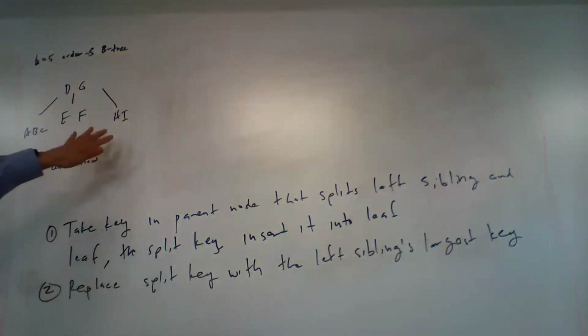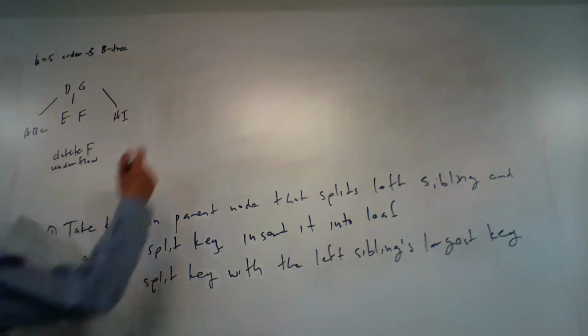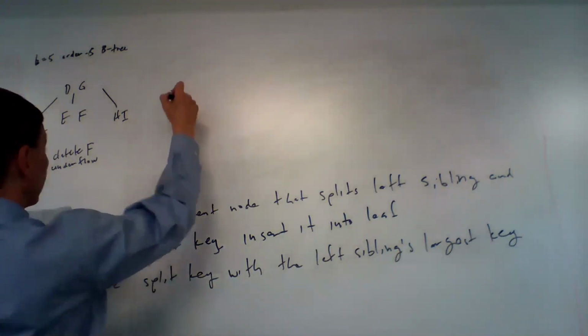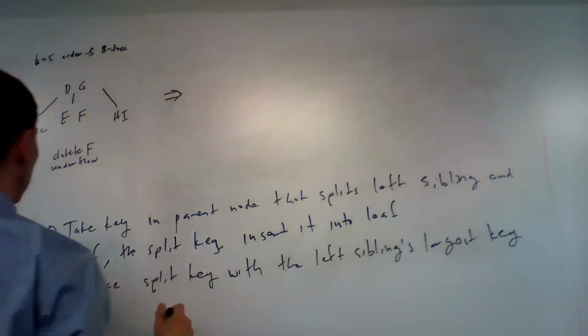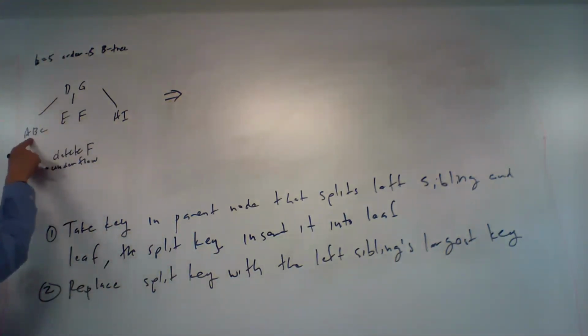So we look left, we look right, we ask, do either of our siblings have more keys than they need? And indeed, the left sibling has 3 keys, but it only needs 2. So we can borrow from the left sibling. So the first thing we do is we find the split key, which is D, because D is the key that splits these 2, right?